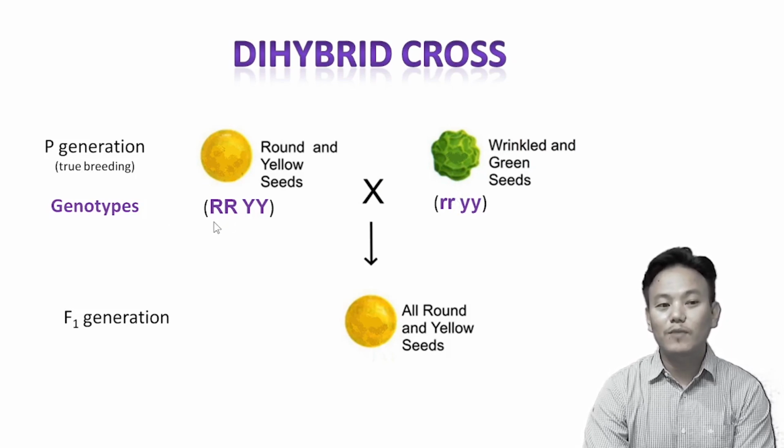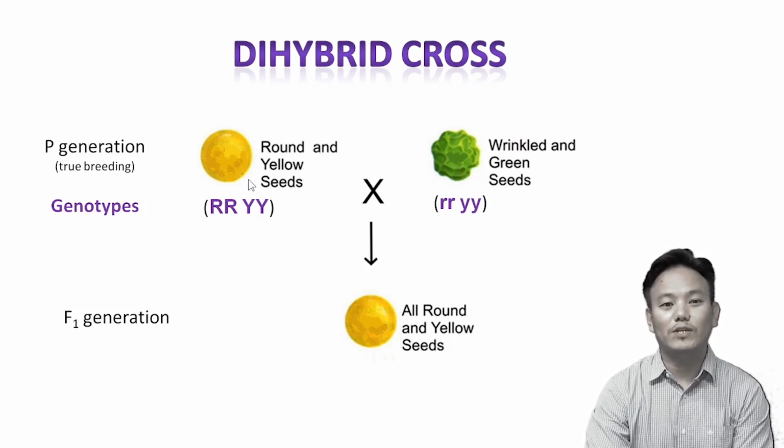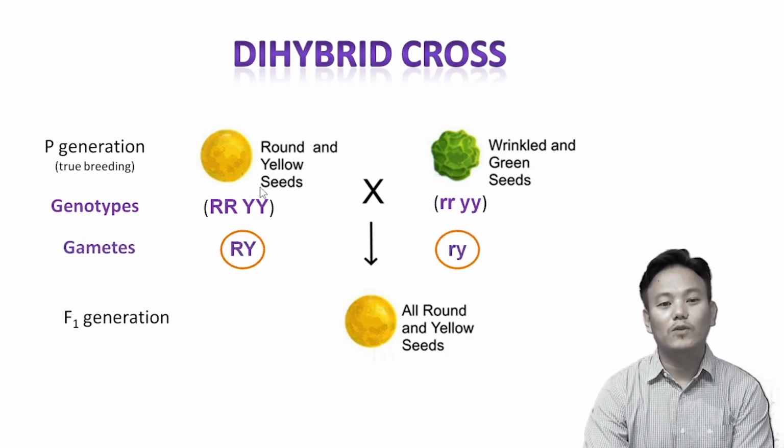Now this is very important. What kind of gamete will these two parents produce? Since they both are homozygous for both the traits, these two parents will produce only one type of gamete each. Look over here.